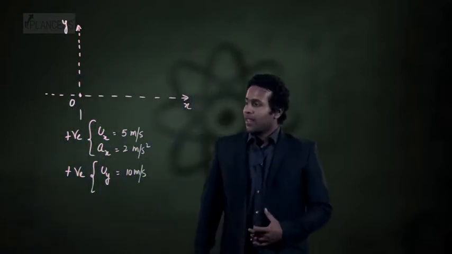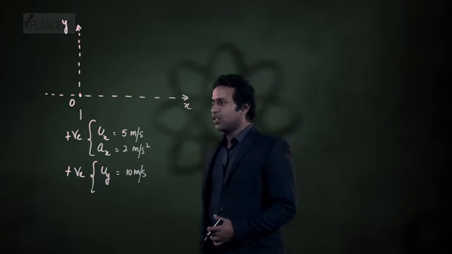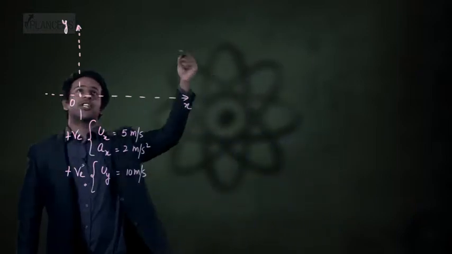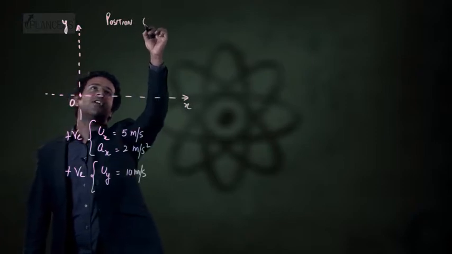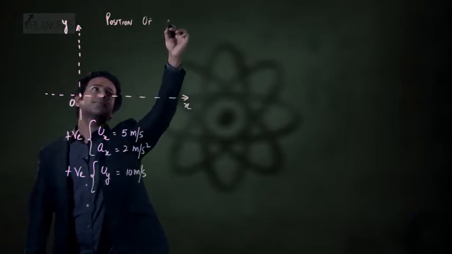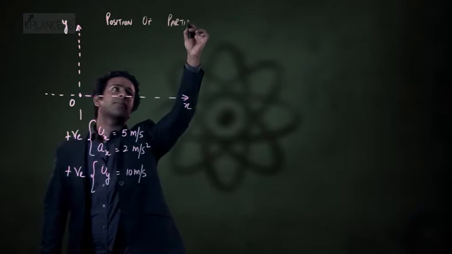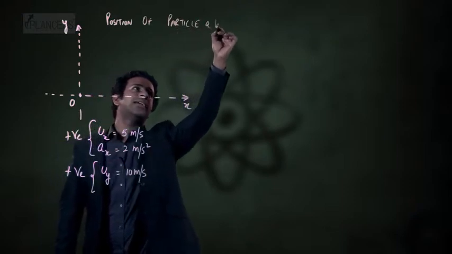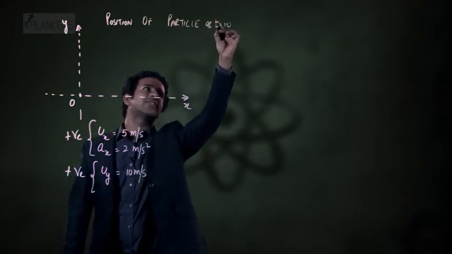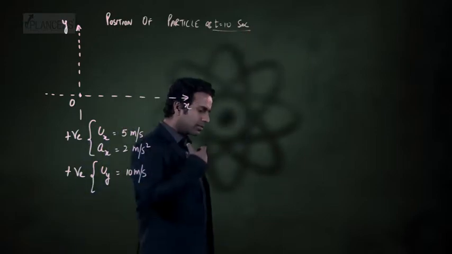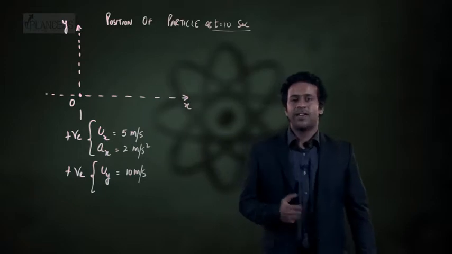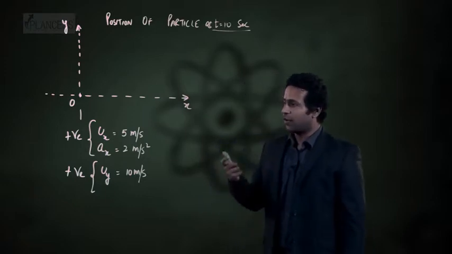So, given these values, we have to find the position of the particle at t equal to 10 seconds. So after 10 seconds, we have to locate the position of this particle.